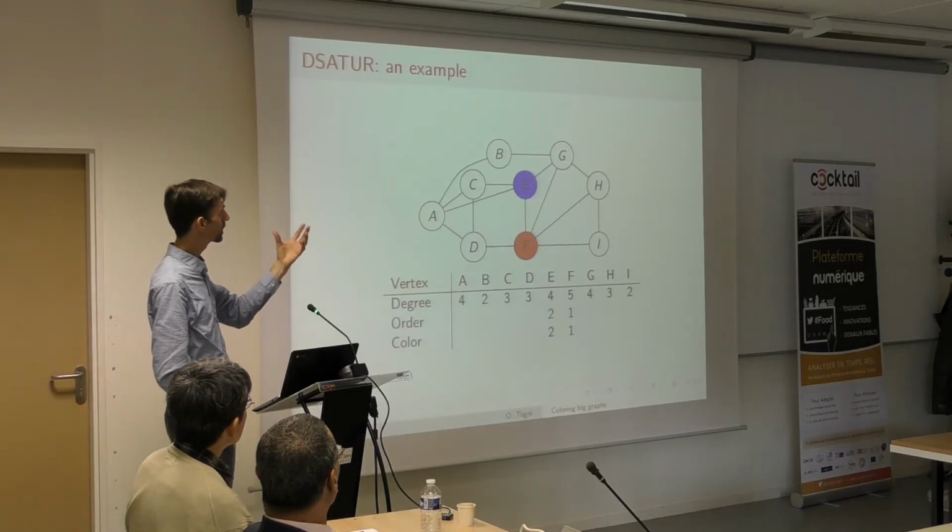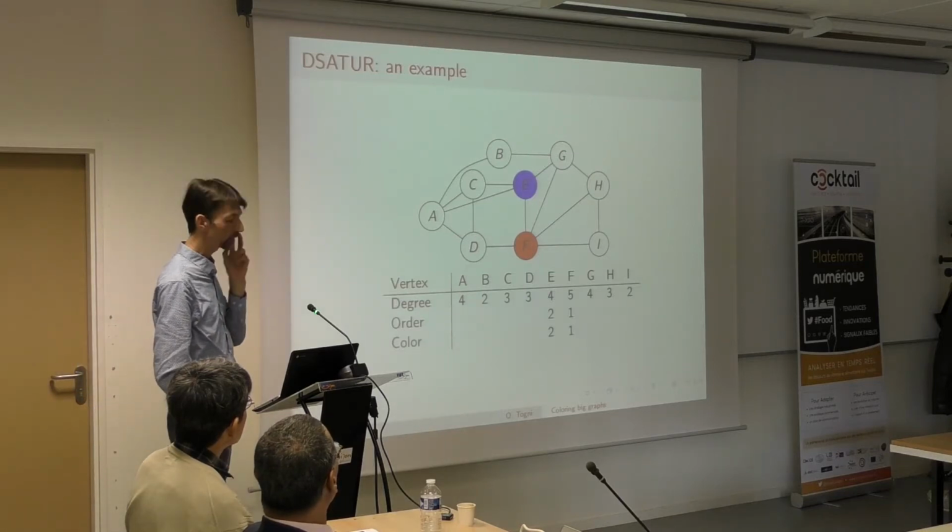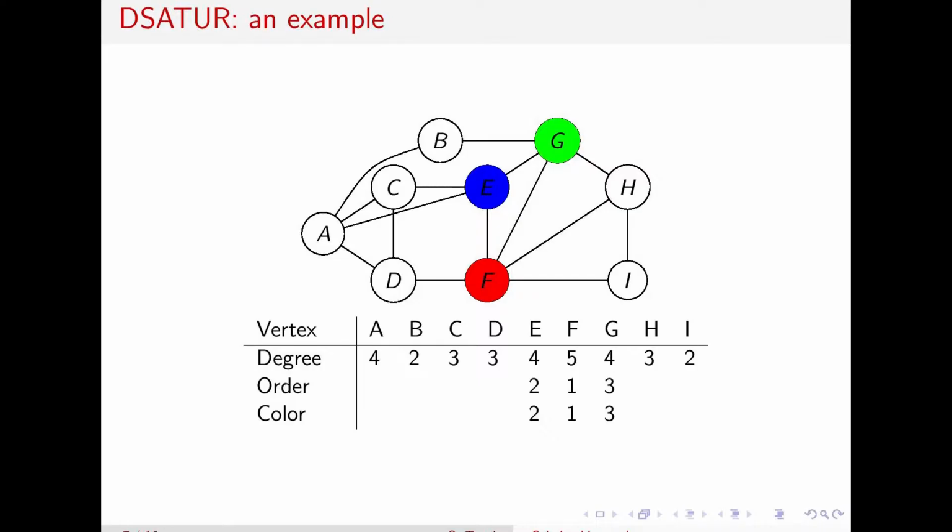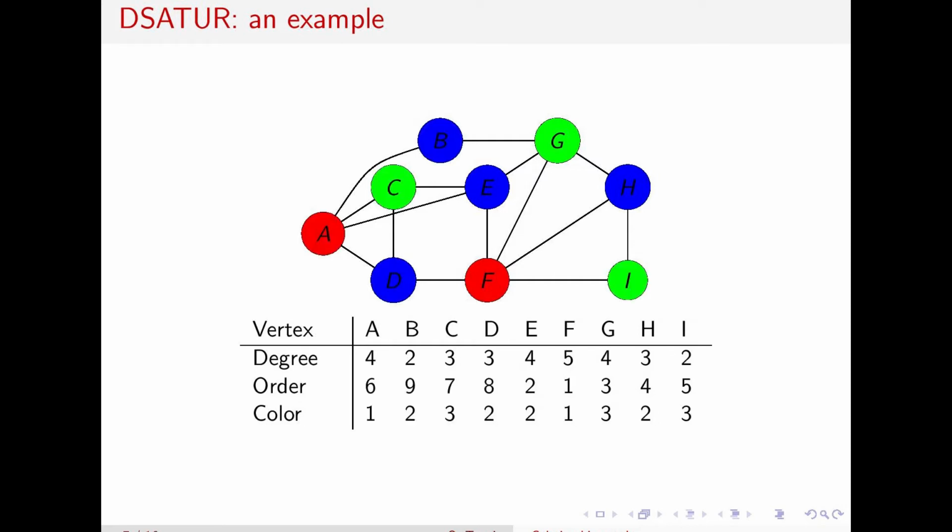He sees two different colors in his neighborhood, and so on. We color it with the third color. And now DSAT-ratio will choose vertex H, and so on. So we succeed to color the graph using 3 colors and using this order.